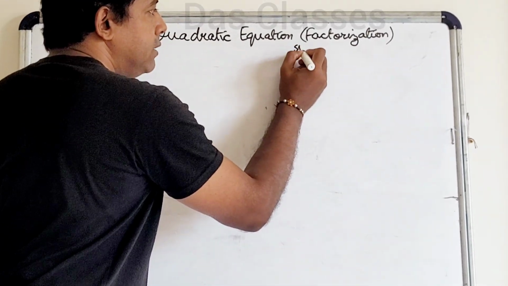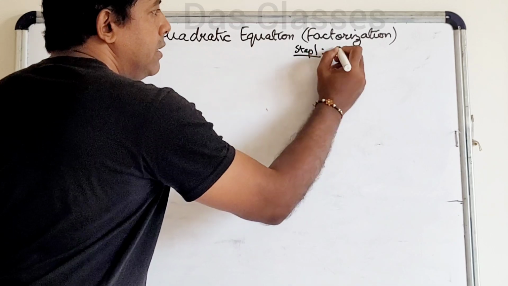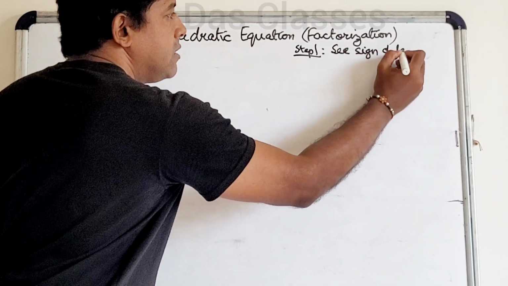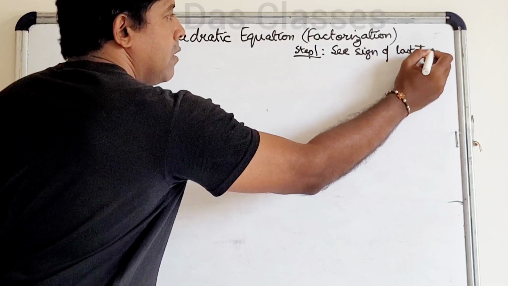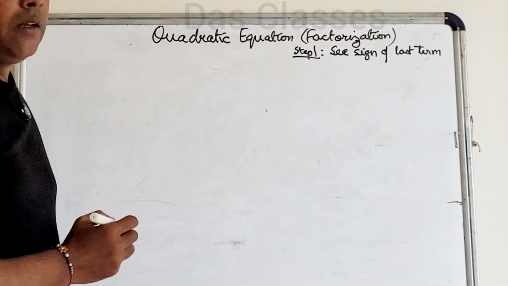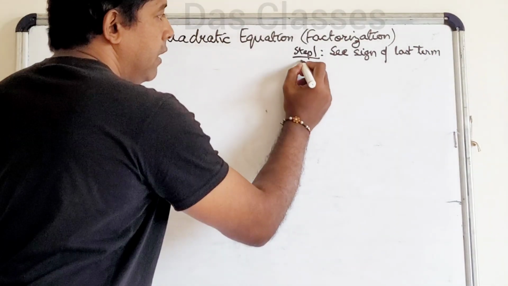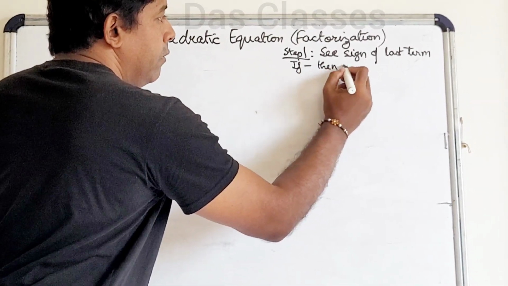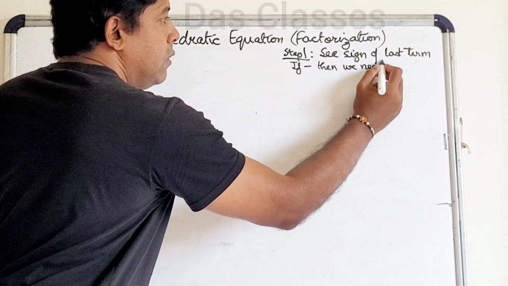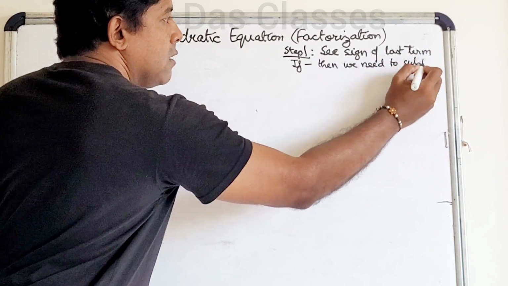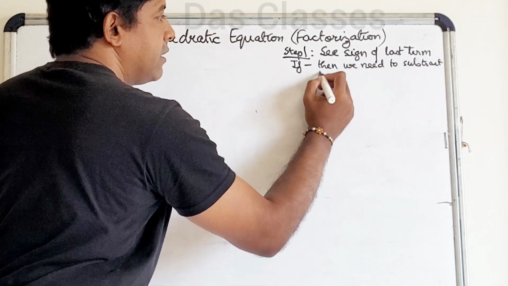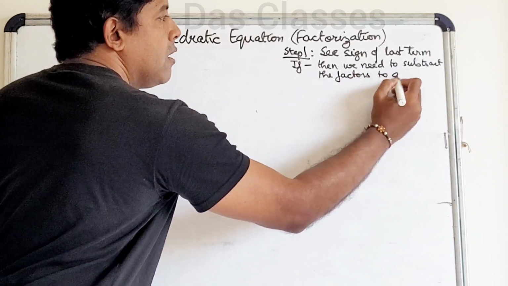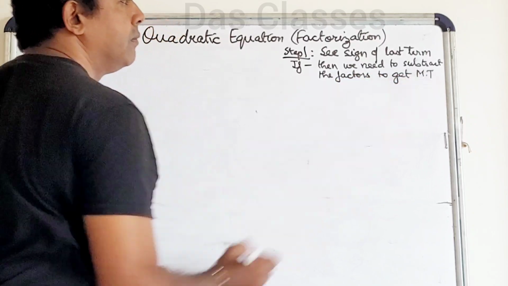Step 1 is see the sign of the last term. If minus, then we need to subtract the factors to get the middle term.